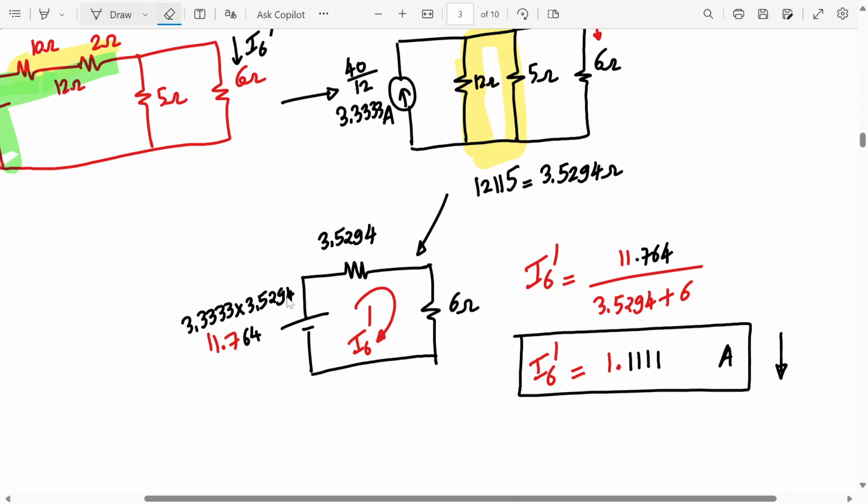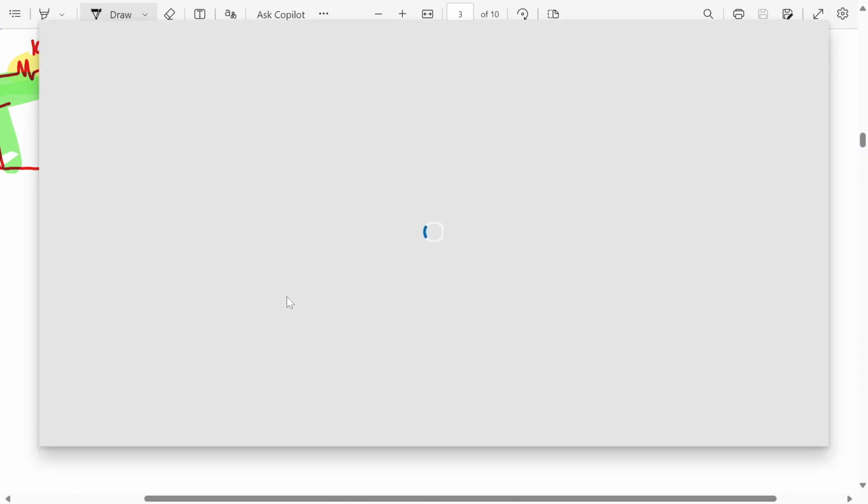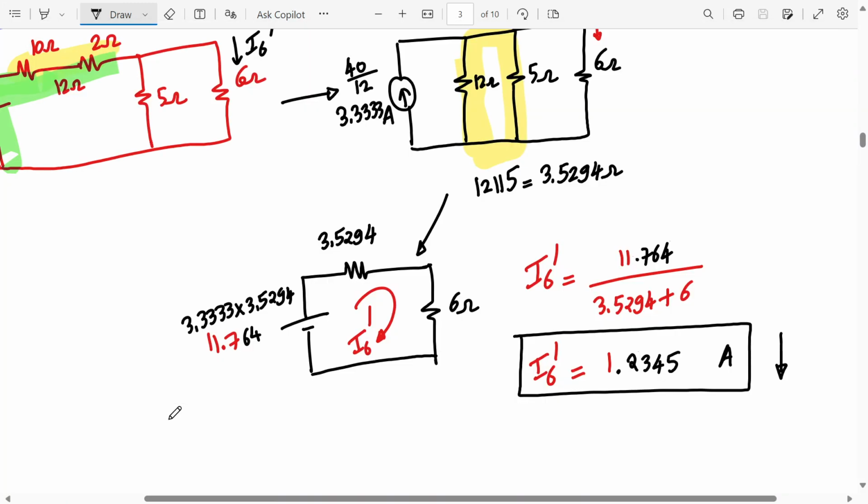So how much did you get now? 1.23, correct? You are getting this, right? Are you getting 1.2345? Yes.